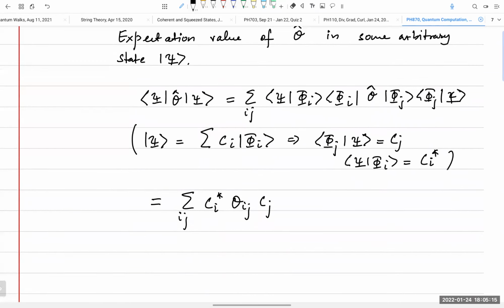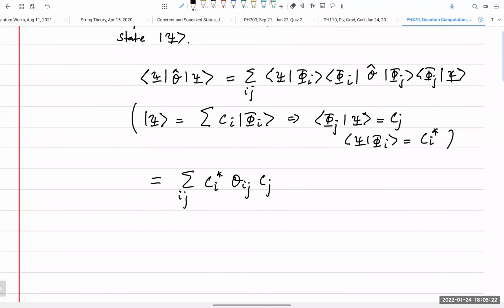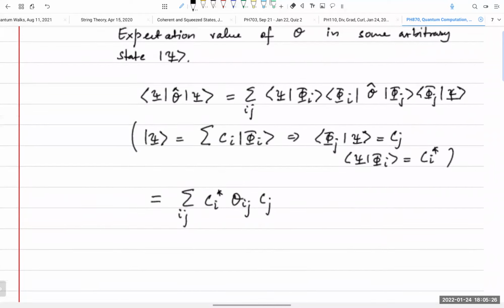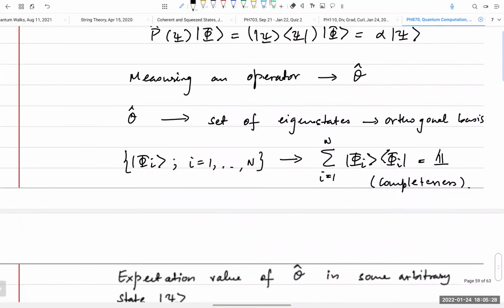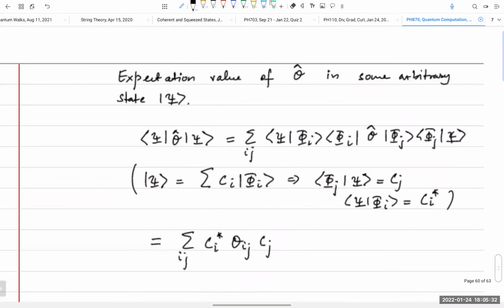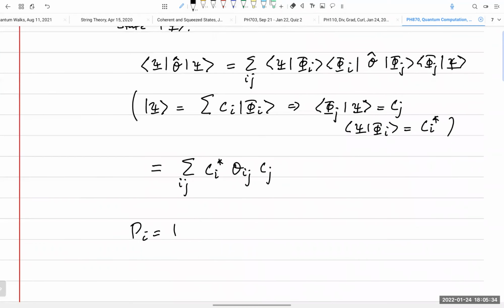And there is another way in which I can write this, if I want to write it in terms of projectors. Well, I can write down a projection operator associated with each one of these eigenstates.